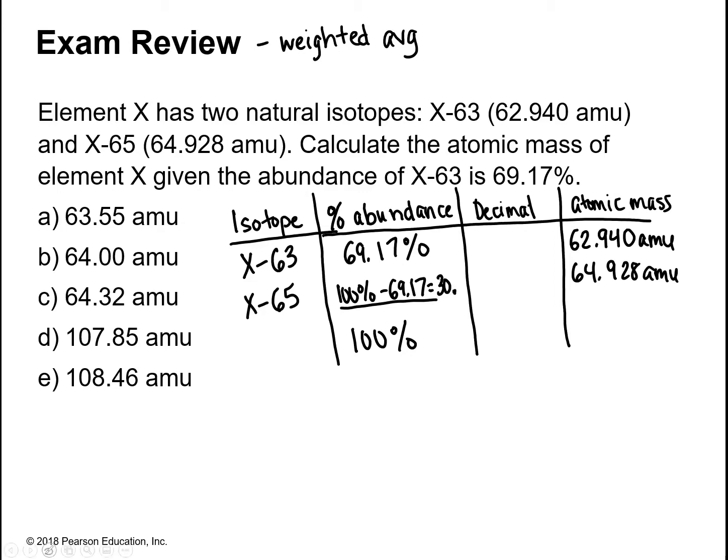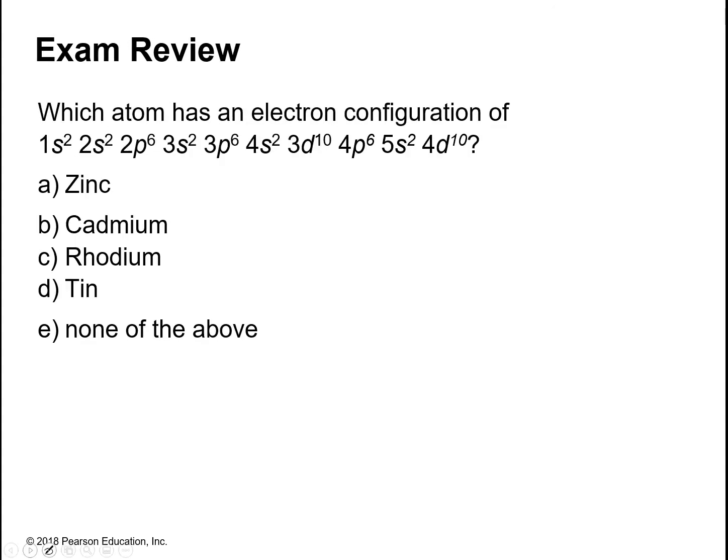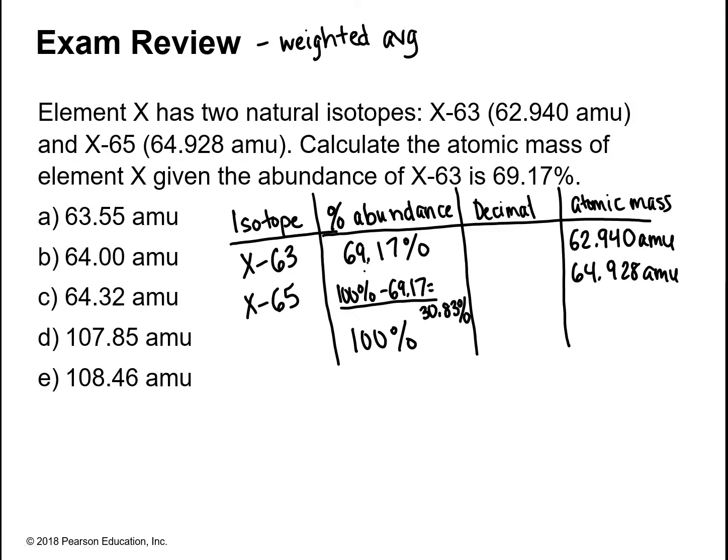Let me try to write this a little bit better. So you should get 30.83% abundance for the X65 isotope. When we convert these to a decimal, all you're doing is taking this decimal point and moving it over to the left twice.